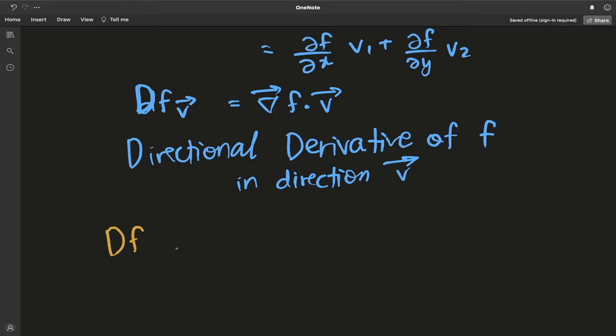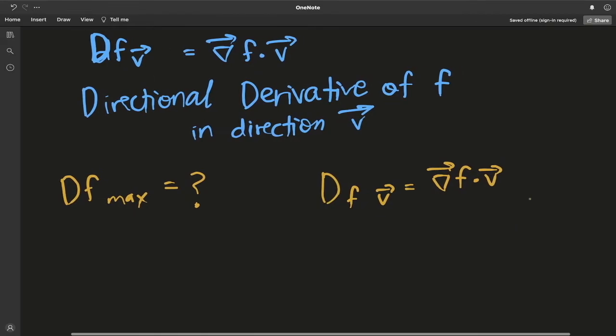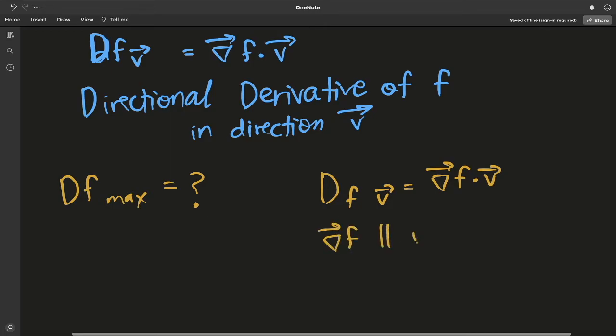When is the change in f the maximum? So the question is, in what direction should we go so that we change f the most? Well, we know that the directional derivative of f in direction v is just gradient of f dotted with vector v. If you want this to be maximum, so look at this dot product. When is a dot product maximum? When both the vectors are parallel to each other.